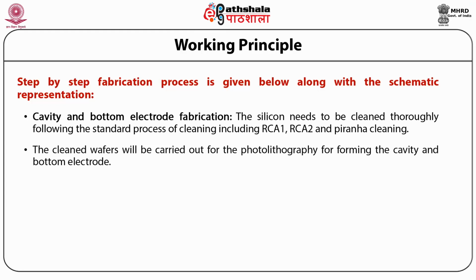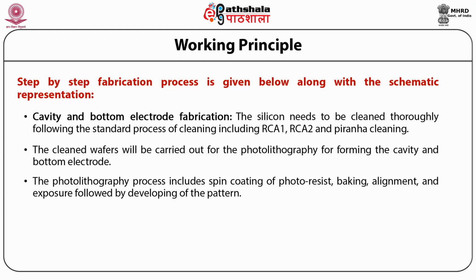The cleaned wafers will be taken for lithography, that is photolithography, for forming the cavity and bottom electrode. The photolithography includes spin coating of photoresist, baking, alignment and exposure followed by development of the pattern.